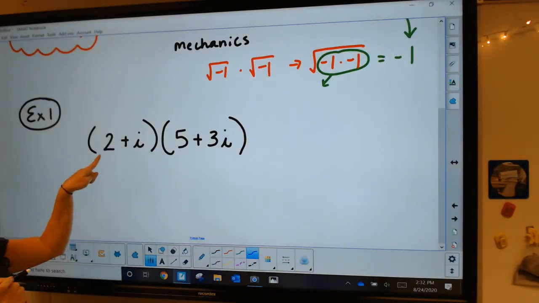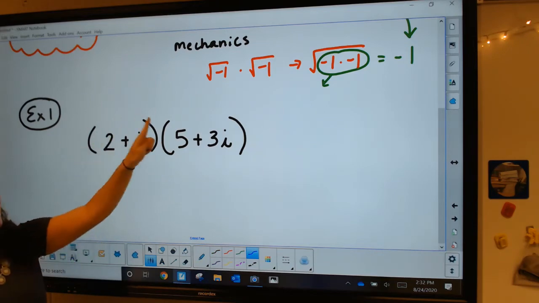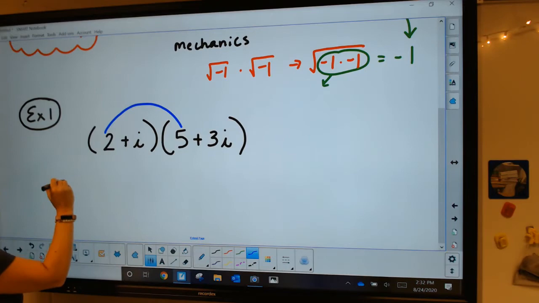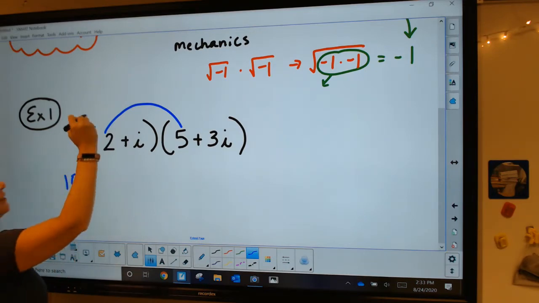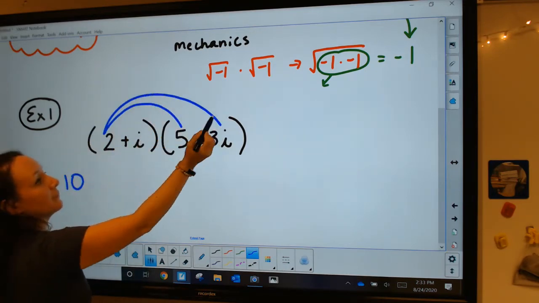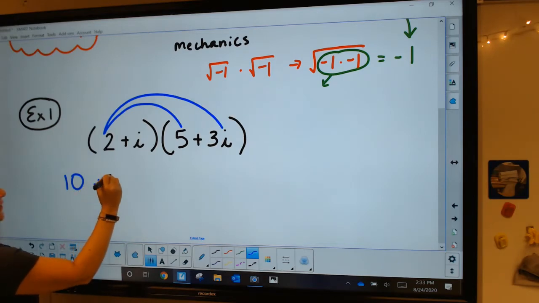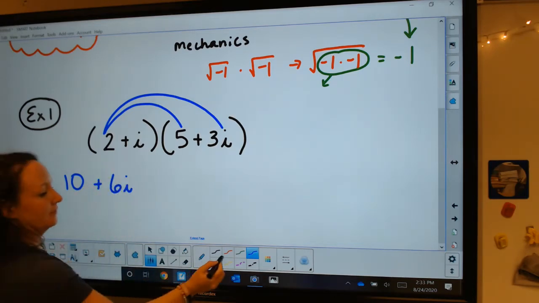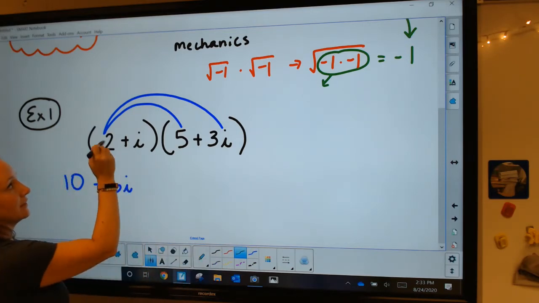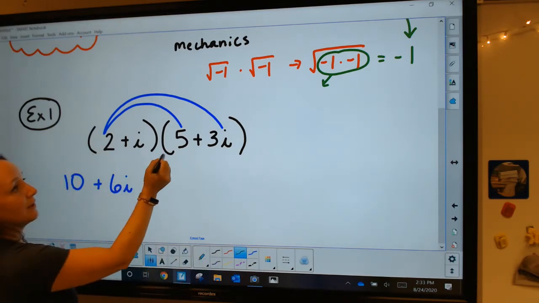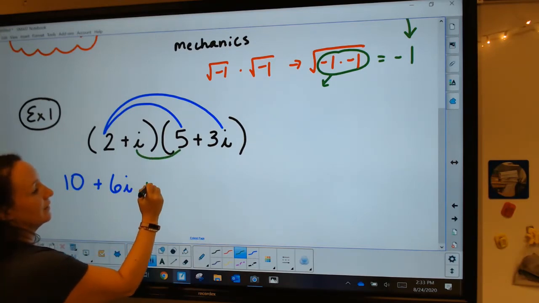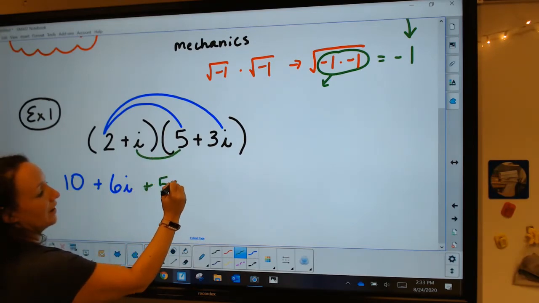I'm going to take this 2 and I'm going to multiply it to the 5 and the 3I. 2 times 5 is 10. 2 times 3I is 6I. Then, so I've used up the 2, I'm going to take this I and multiply it across. I times 5 is 5I.